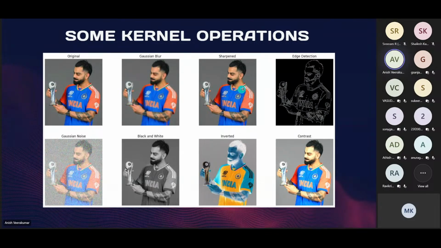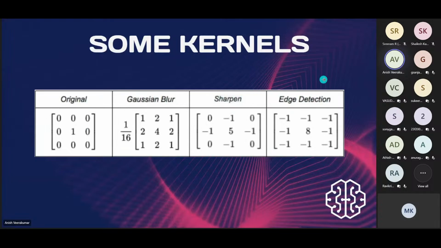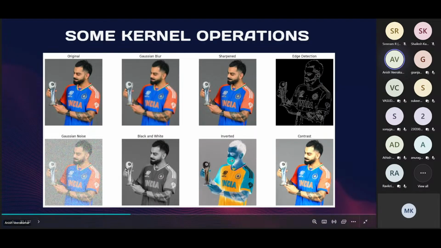And some more kernels: sharpened kernel, this is edge detection, Gaussian noise, black and white, this is an inverted image, and this is contrast. You know that the original kernel is nothing but 000, 010, 000. It was just done in the previous slide.